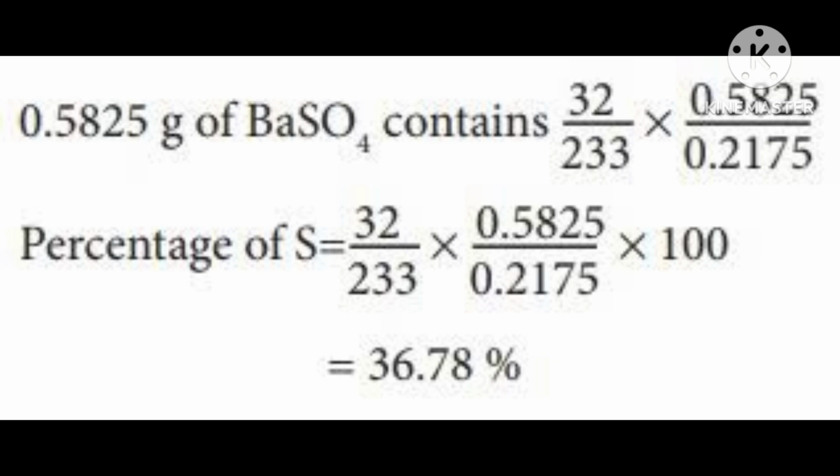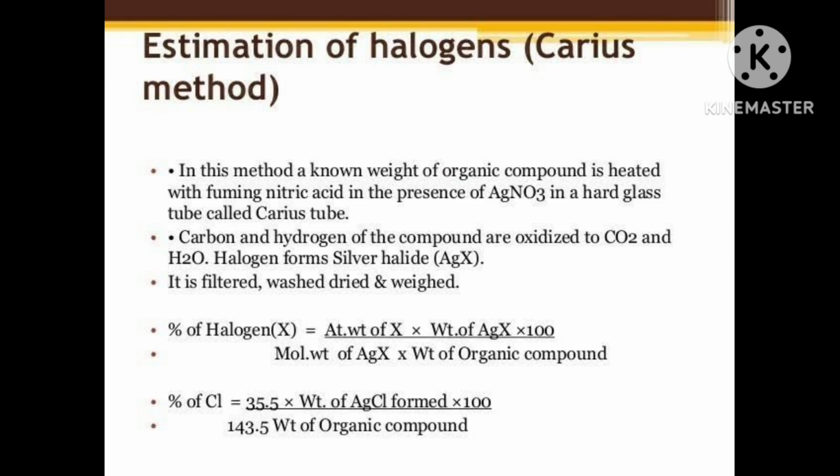Now come to sulfur. Actually everywhere you have to consider the organic compound. First you find out the amount of the element. In this case sulfur; in the previous case halide you considered, maybe fluoride, chloride, bromide, iodide, anything.